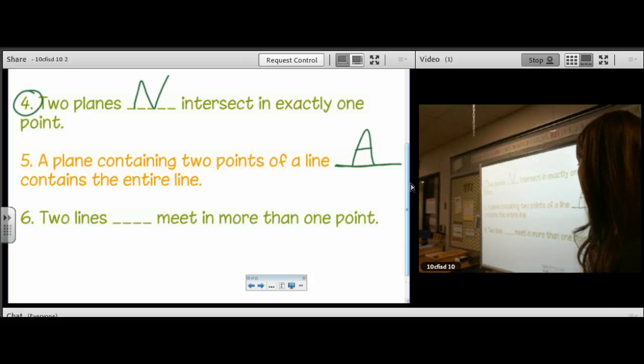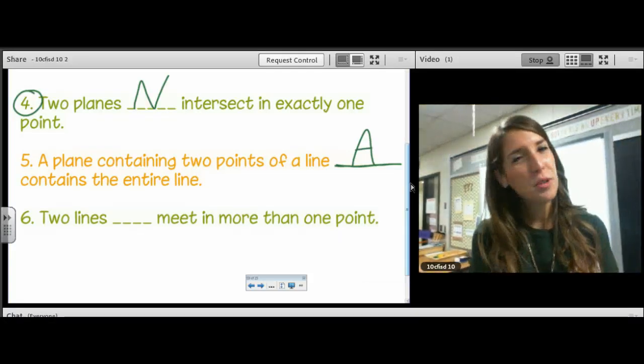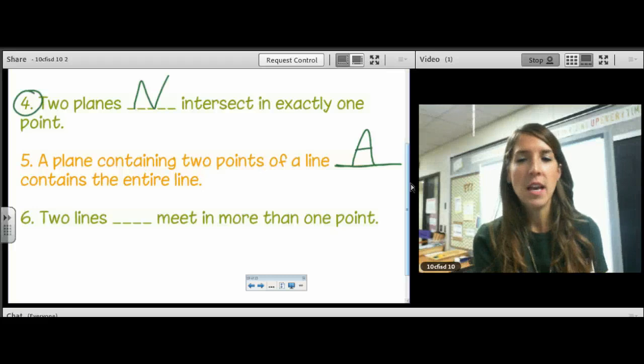2 lines blank meet in more than 1 point. 2 lines always, sometimes, or never meet in more than 1 point.